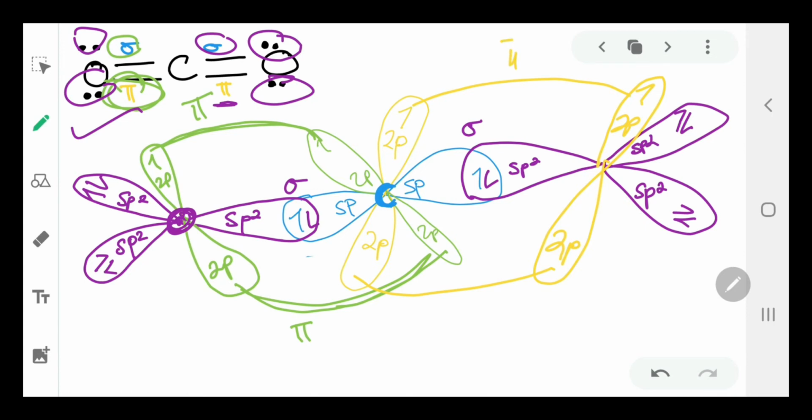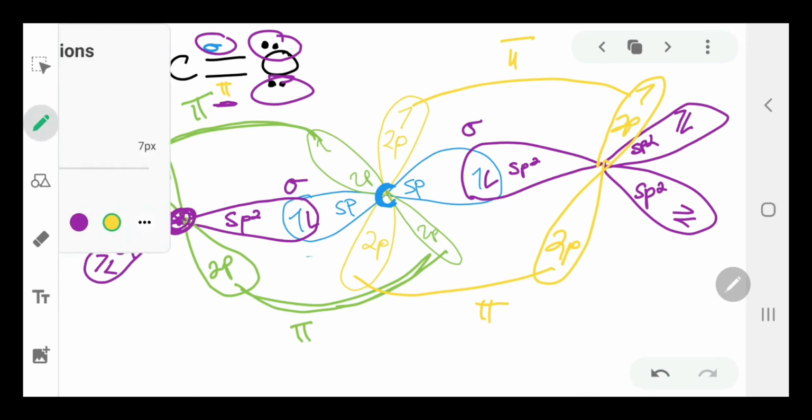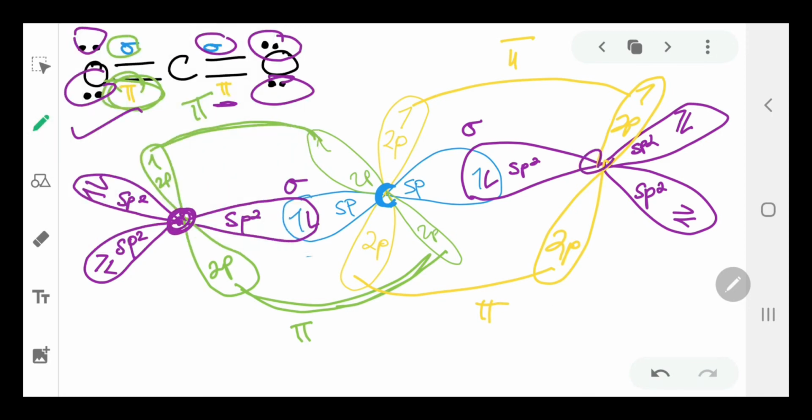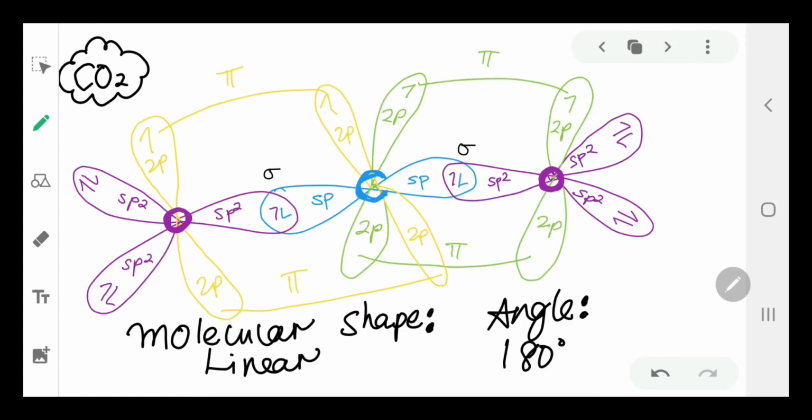So this is your pi bond, and that one is another pi bond. And don't forget, that one is your oxygen atom. So this is a complete drawing for carbon dioxide, okay? Or you can do it like this. So the molecular shape is linear and the angle is 180 degrees, okay?